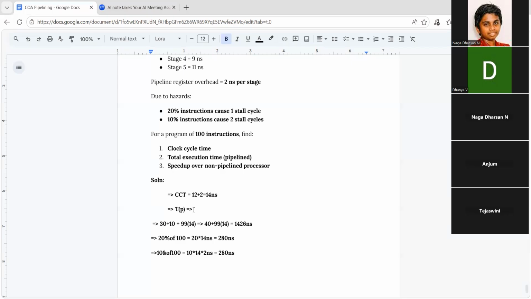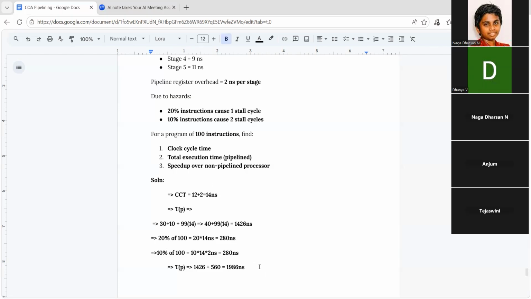The total time for the pipeline processor will be the sum of all these three, which is 1426 plus 560, which in total equals 1986 nanoseconds. So the total time for the pipeline would be 1986 nanoseconds, and we have also included the hazard time.